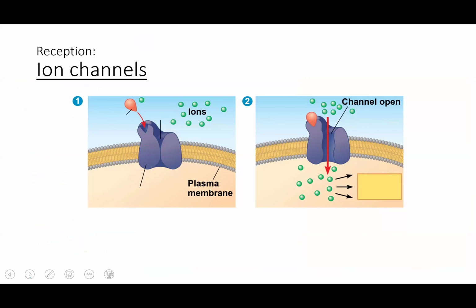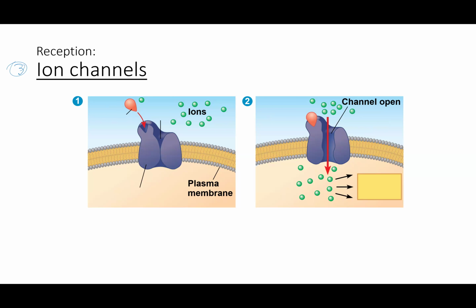Okay, the third kind of transmembrane receptors that we're going to talk about are ion channels, which we have already alluded to when we talked about cell membrane structure, but we didn't talk about them in any level of detail.